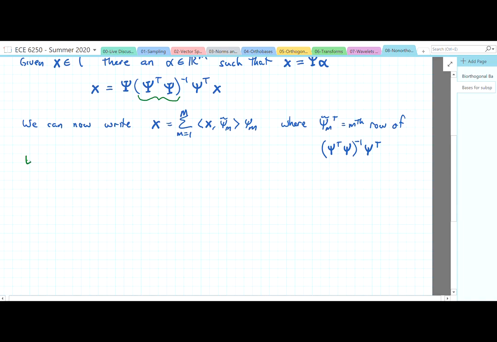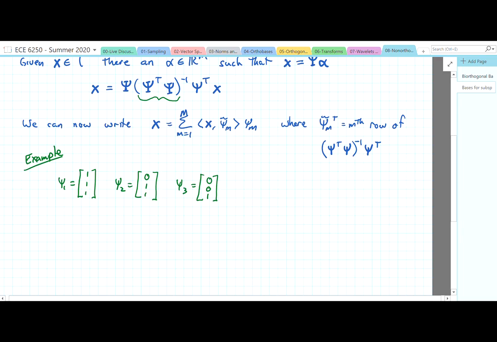So, an example would be, let's assume we had a basis that was psi 1 equals 1, 1, 1, psi 2 equals 0, 1, 1, and psi 3 equals 0, 0, 1.